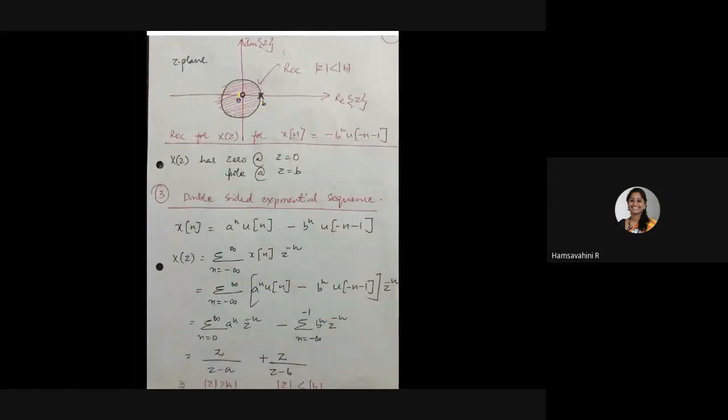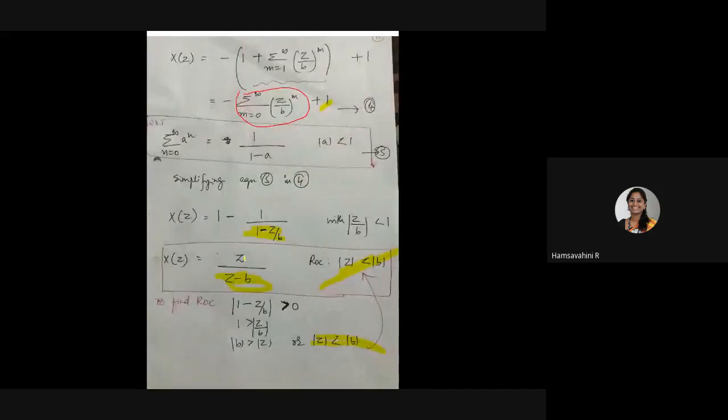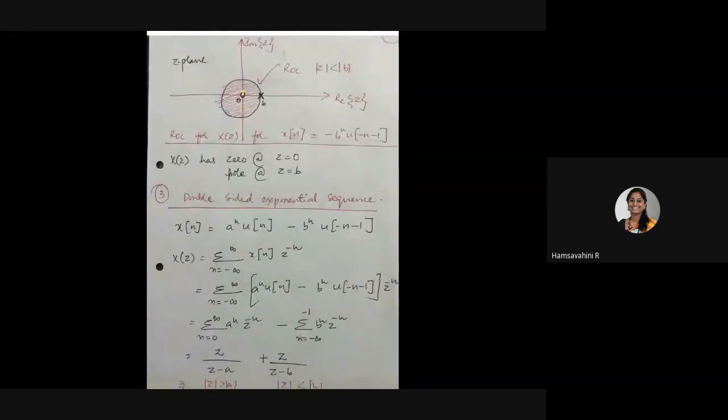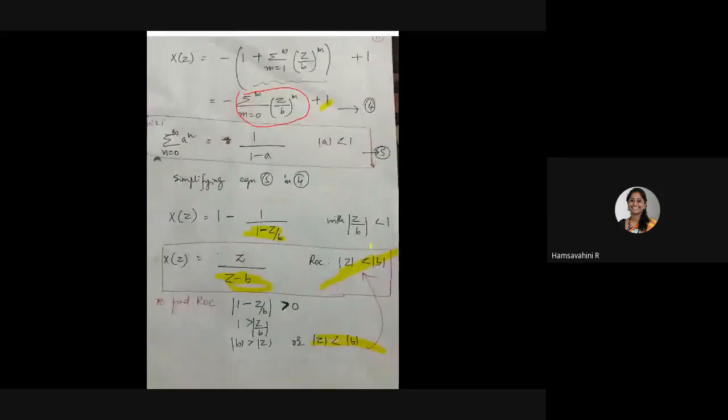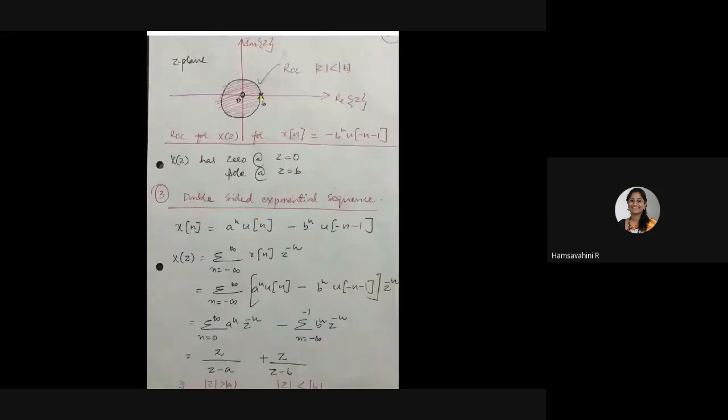So let us see how we will plot this. If you see the z transform expression, we have one zero and one pole at b. So zero at 0 and pole at b. And what is the ROC we got? Mod z less than b. This pole always makes a circle of radius equal to b. The ROC we found is less than b, which means it should be inside the circle of radius b.